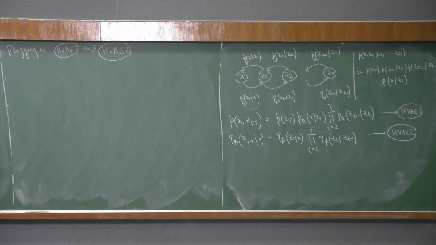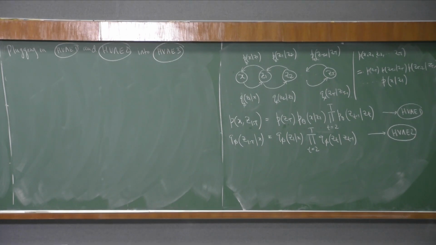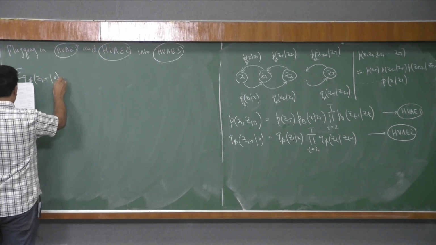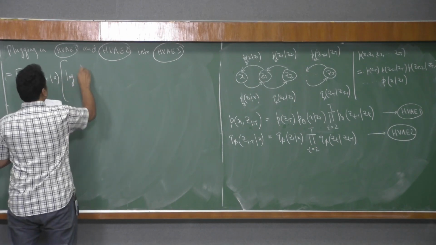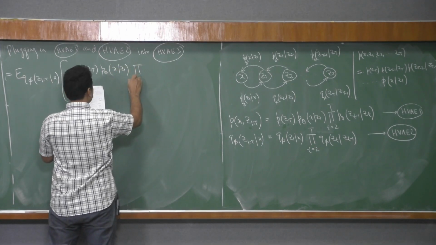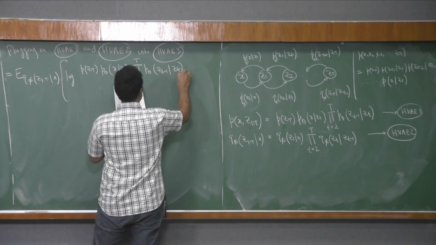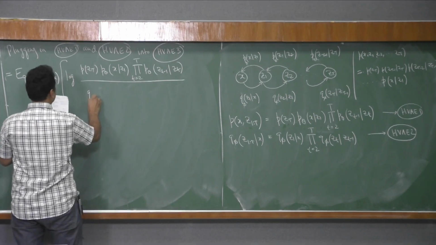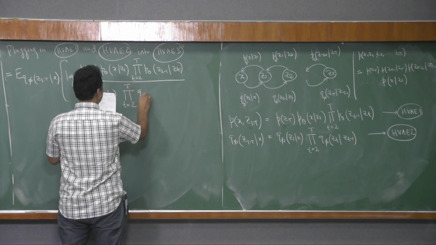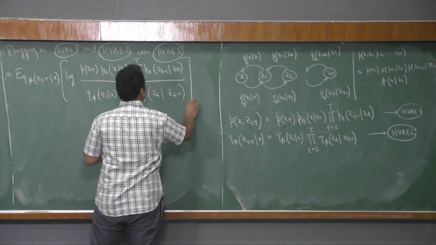So plugging this into HVAE3, what we have after plugging in is the expectation of q phi z 1 to t given x, and then log of p zt, p theta x given z1, product of t equals 2 to t of p theta z t minus 1 given zt, and this is divided by q phi z1 given x, product of t equals 2 to t of q phi zt given zt minus 1. Okay, and we close this parenthesis.